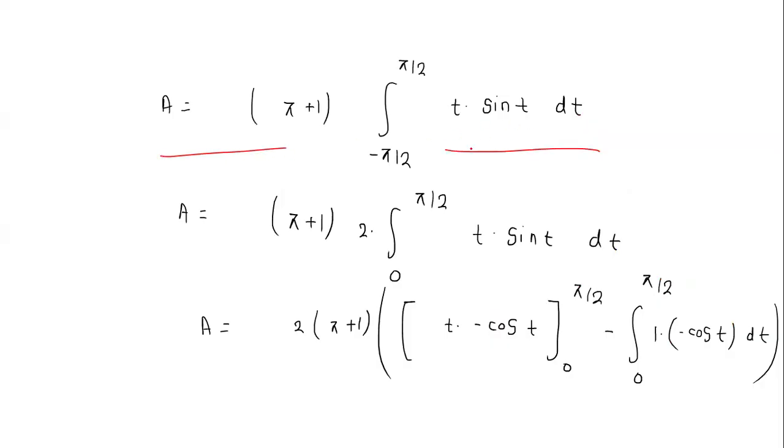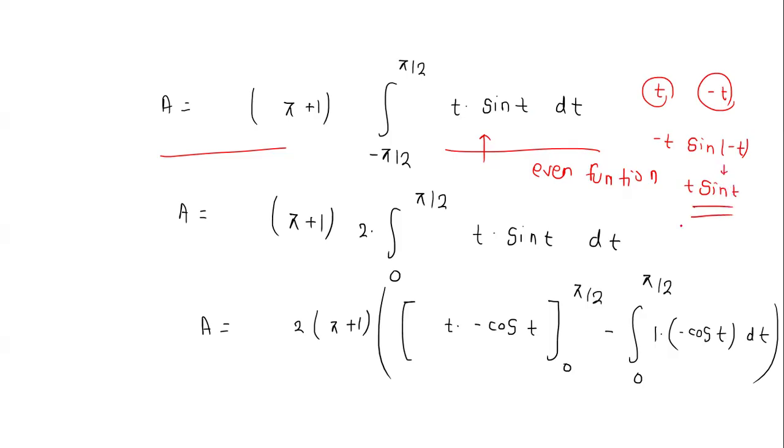Now you see, this is an even function. If you replace t by minus t, this will result in minus t and sine of minus t. So this will come out as t times sine t, because sine of minus t is minus sine t. So here we can say that f of t is equal to f of minus t, where this function is what we are assuming as f of t.